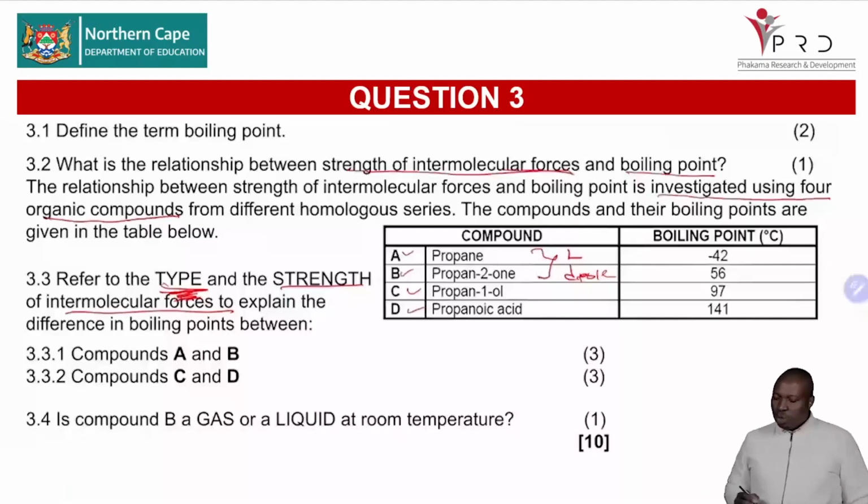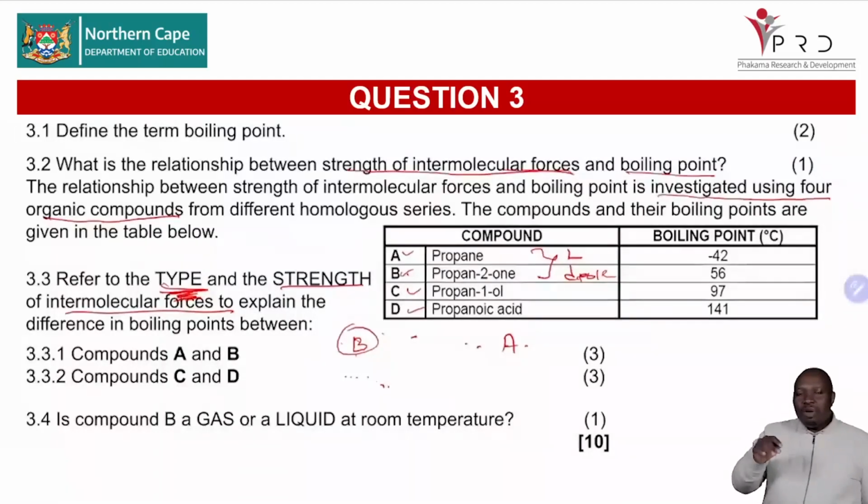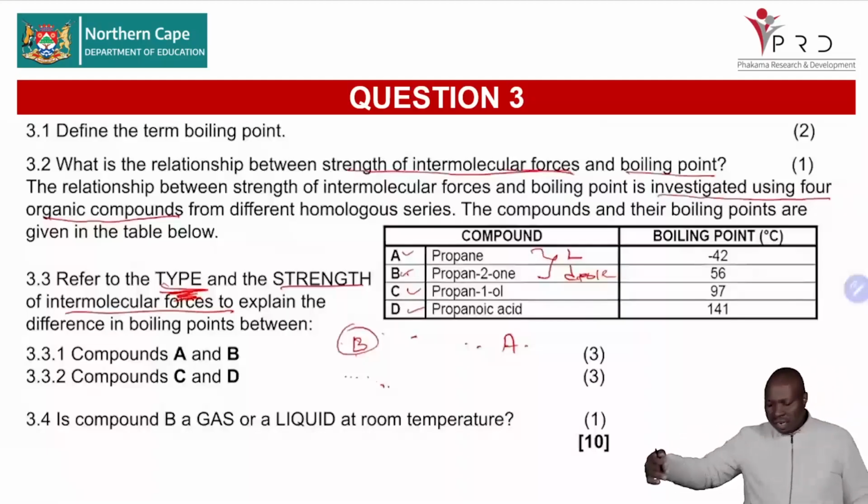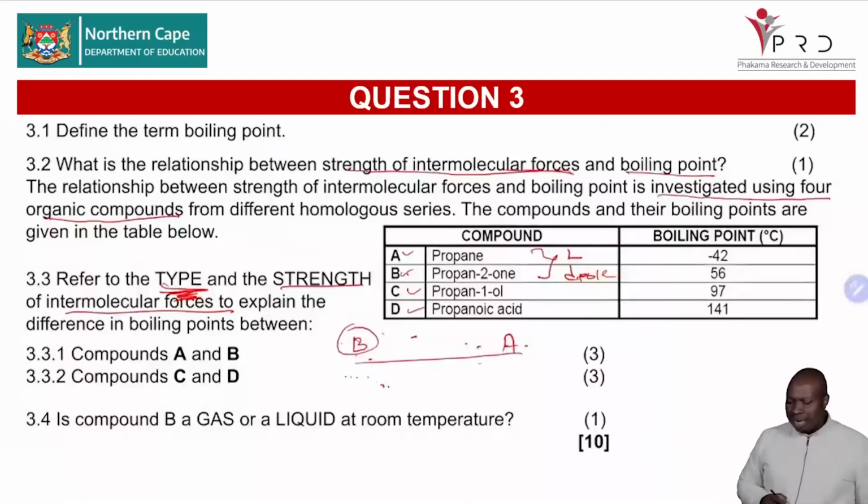Now, the second thing, you talk to the strength of intermolecular force. Definitely, B has stronger intermolecular forces than A. You see the importance of B and A now. And then the one that has stronger intermolecular forces, we are saying more energy will be required to overcome the intermolecular forces in B than in A. So you are able to answer in that way, and you will get your 3 marks.